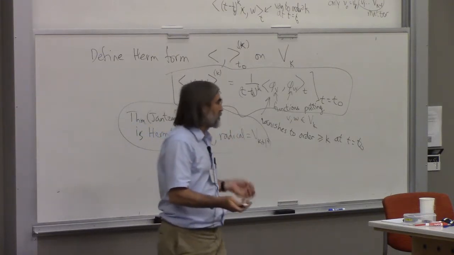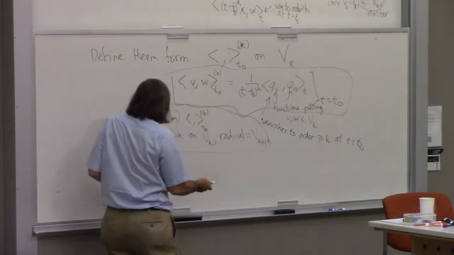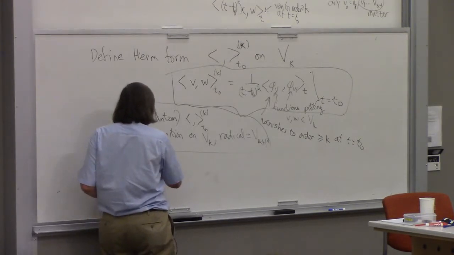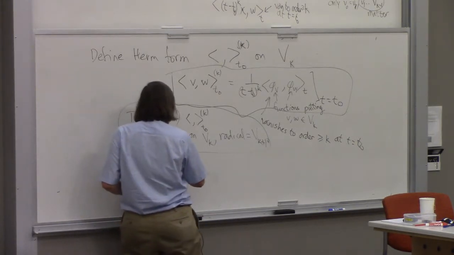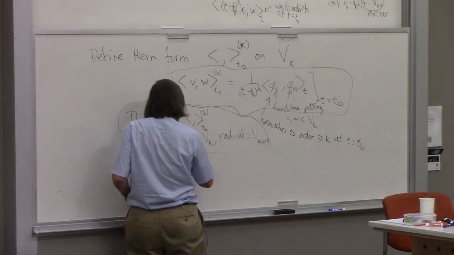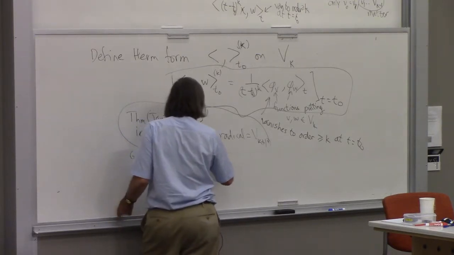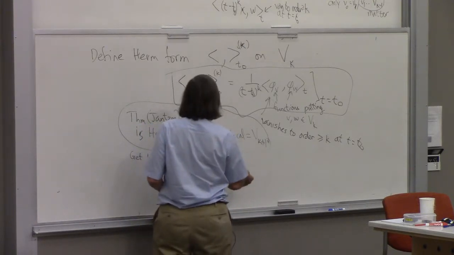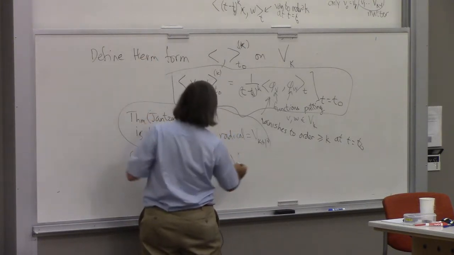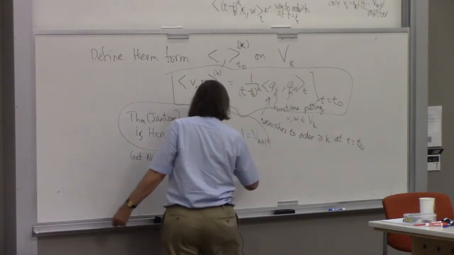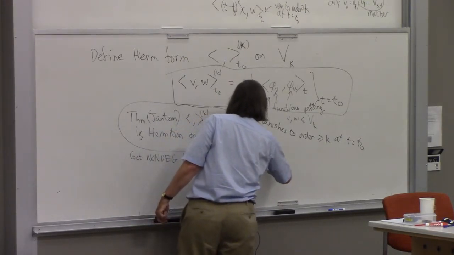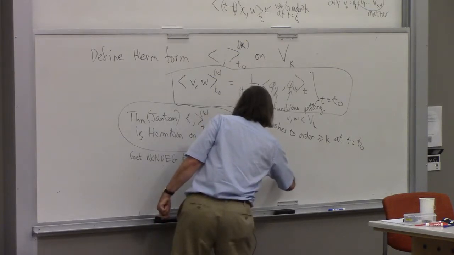And so you get this non-degenerate form on the associated graded, what do I call them? This sum over k of Vk over Vk plus 1.